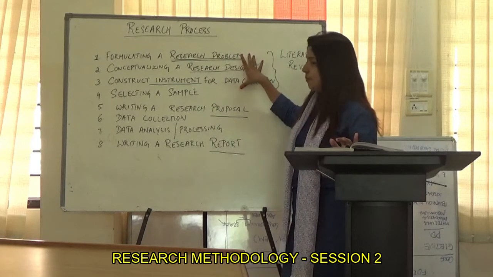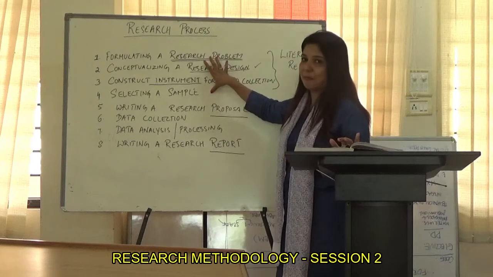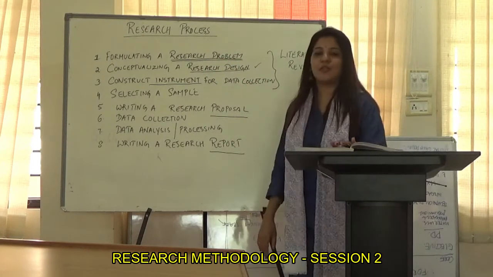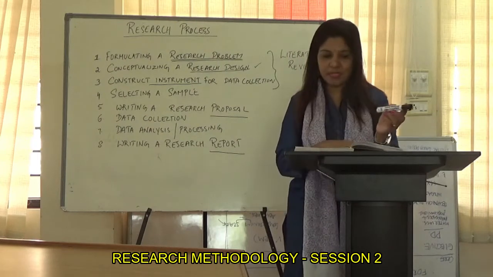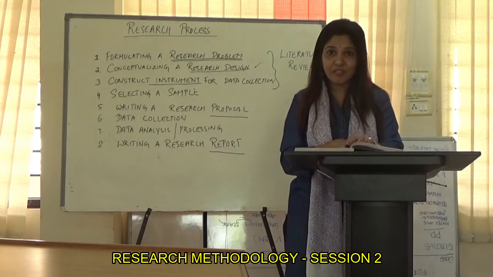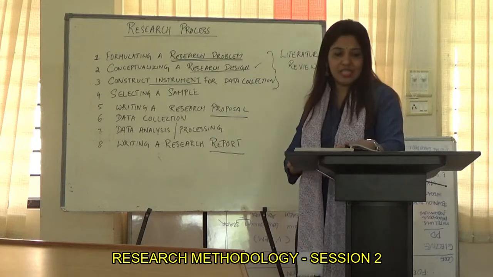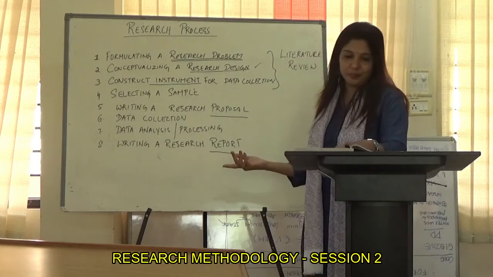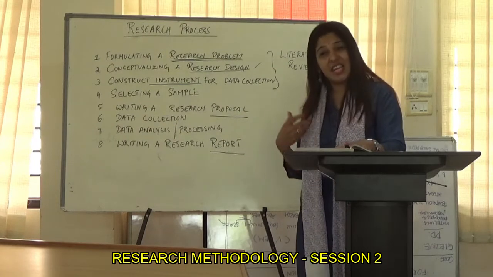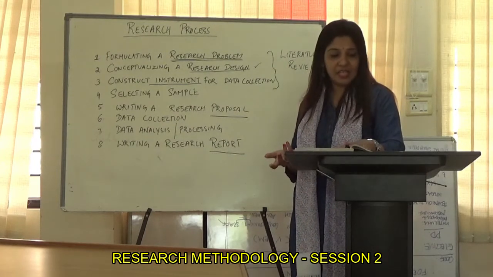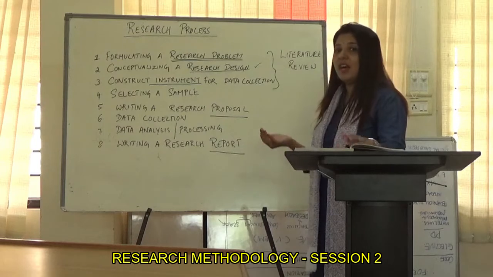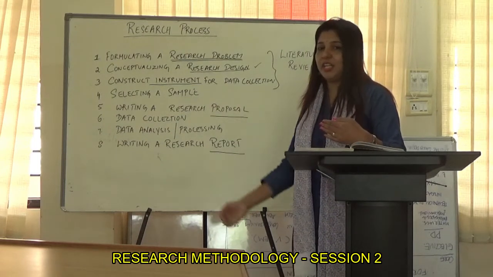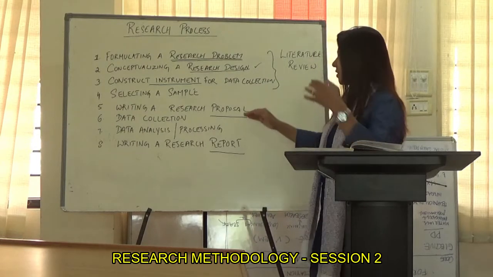Once the planning steps are complete, you develop what is called a research proposal. Your research proposal consists of different areas. One is your problem statement, second is the objectives of the study, third is your study design, then the setting of the study, research instrument, information on sampling and the type of sampling plan you have taken, information on data processing, and how you are going to chapterize each area in your research process, etc. All these things come under the research proposal.